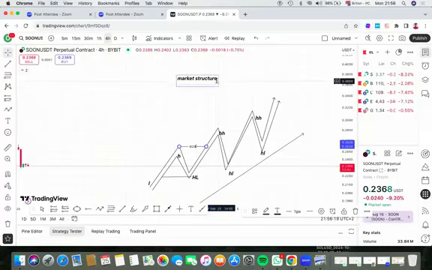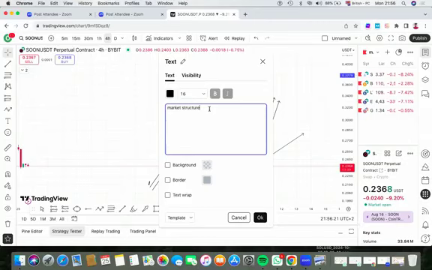Now I'll come back here. You know that we have our market structure, and the next thing we have now is our break of structure. So all this terminology is no longer new to you. You know what they stand for.